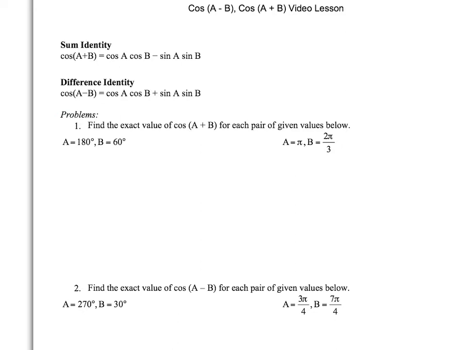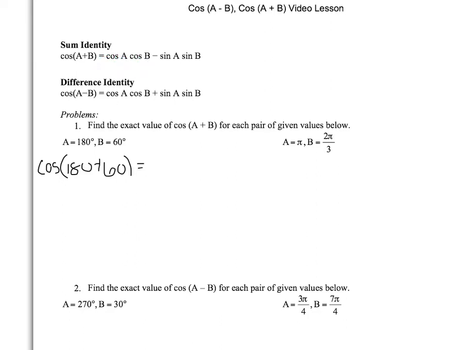The first problem says find the value of cos A plus B for each pair of given values below. So we have A is 180 and B is 60 degrees, and it wants us to find cos A plus B. Well, what I'm going to do is plug a 180 in for A and a 60 in for B. I'm going to look at my formula at the top of the page for the sum identity, and everywhere I see an A, I'm going to replace it with a 180.